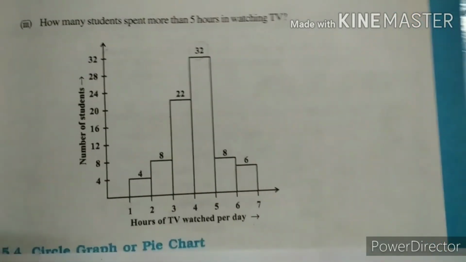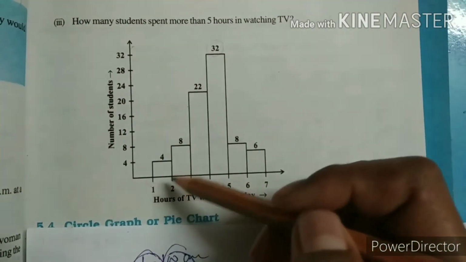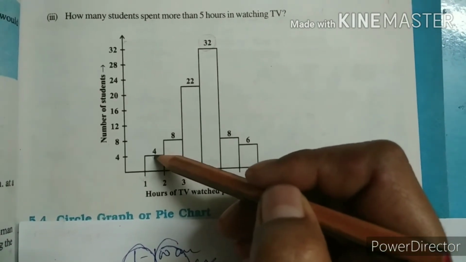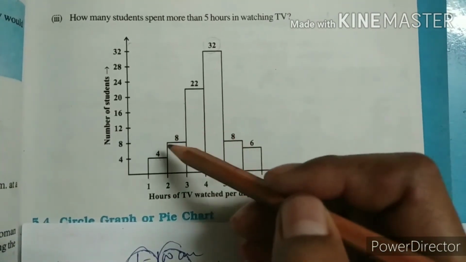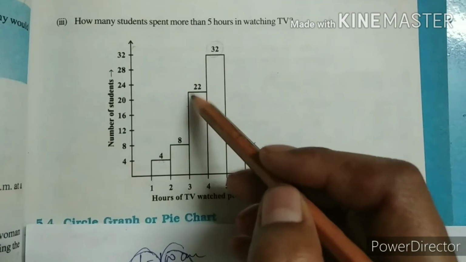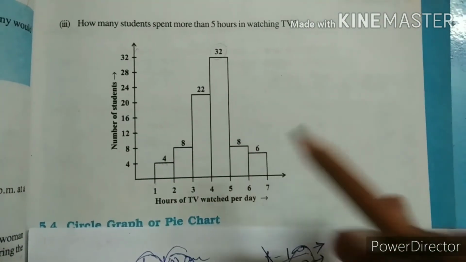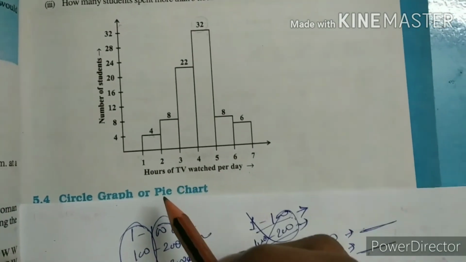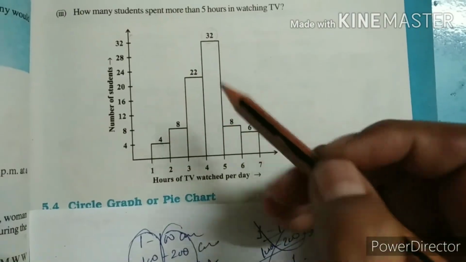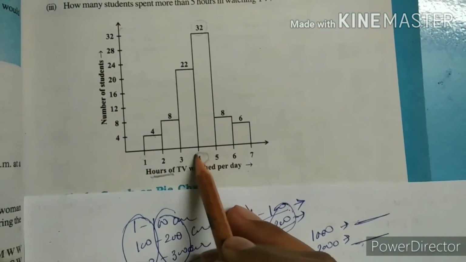We have to count the number of students, which they also gave on the bars: 4, 8, here 22, next 32, here 8, and here 6. We have to see how many students watch TV for less than 4 hours. So where is 4 hours? Here is 4, and we have to see less than 4.